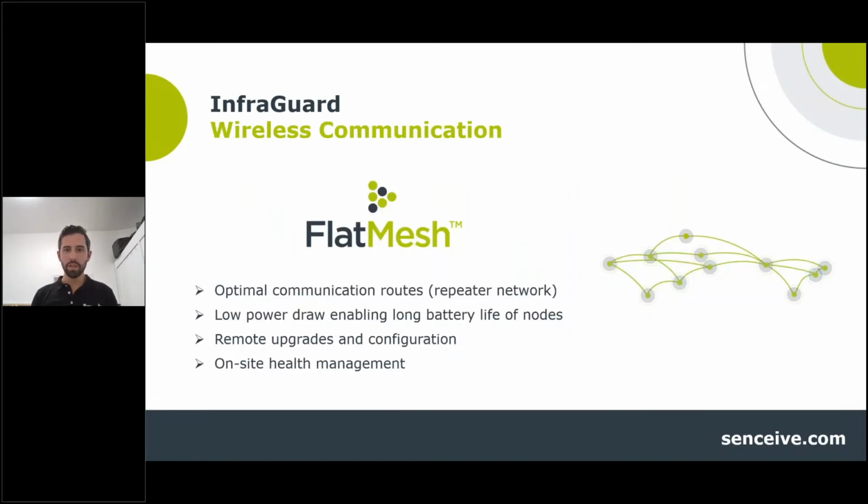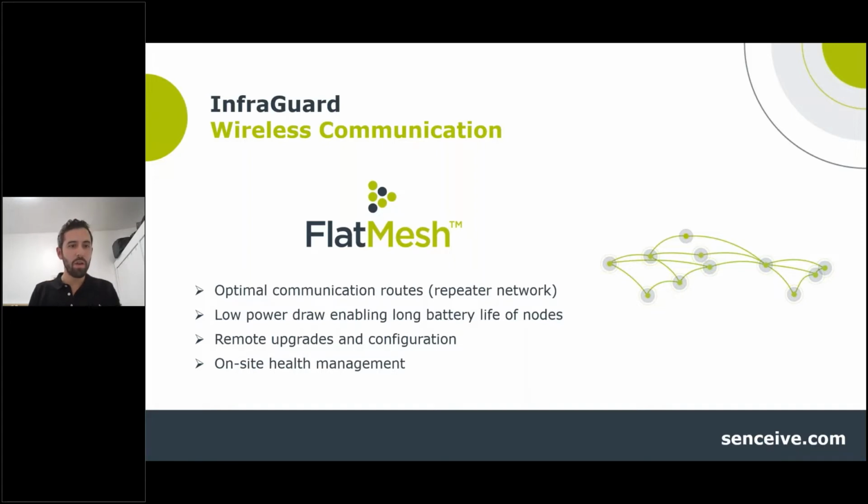So all of this sits and operates, thankfully, on our FlatMesh technology, which, again, is Senceive's own proprietary mesh technology. It's a 2.4 gigahertz radio communication. We control and can upgrade and manage that, which allows us to do very market unique things like InfraGuard and the actions that it can take on site, which I'll dial down to in a couple of slides.